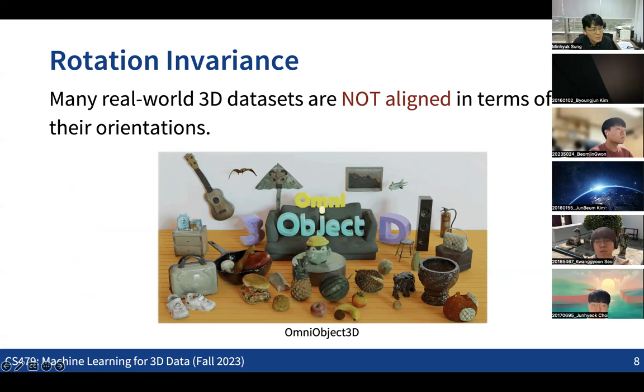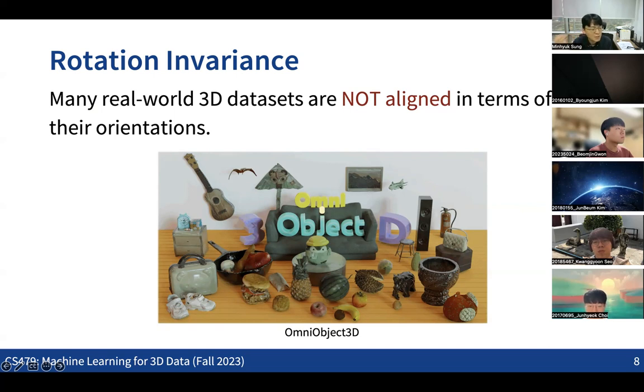Because for many benchmark setups, we are playing with well-known datasets like ShapeNet or other 3D datasets, where all the 3D models are aligned into a certain orientation. I'm not sure whether you have had a chance to see the 3D models in ModelNet or ShapeNet, but if you look at all the chairs or all the airplanes in these datasets, you will see that all these 3D models have the same orientation, the same base views.